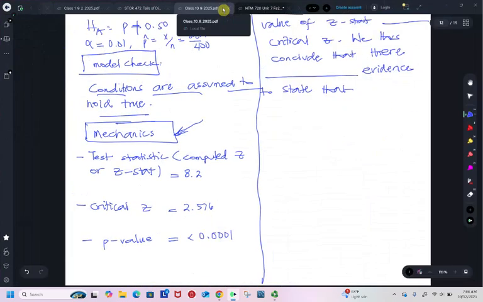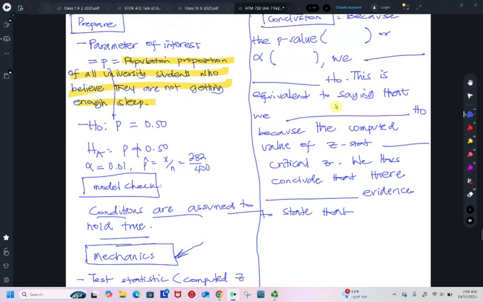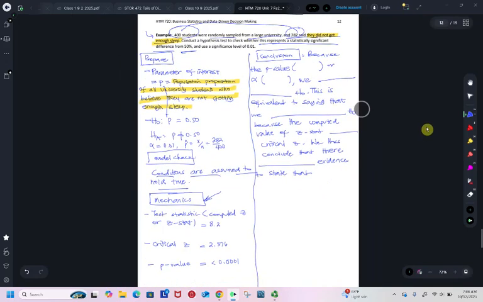Okay, and let's go back here. So what do we have? Because the p-value, which is significantly less than 0.01, is less than alpha, which is 0.01, we're going to again in this case reject what? The null hypothesis. So this is equivalent to saying that we are rejecting the null hypothesis because the computed value of the test statistic is greater than the critical value.